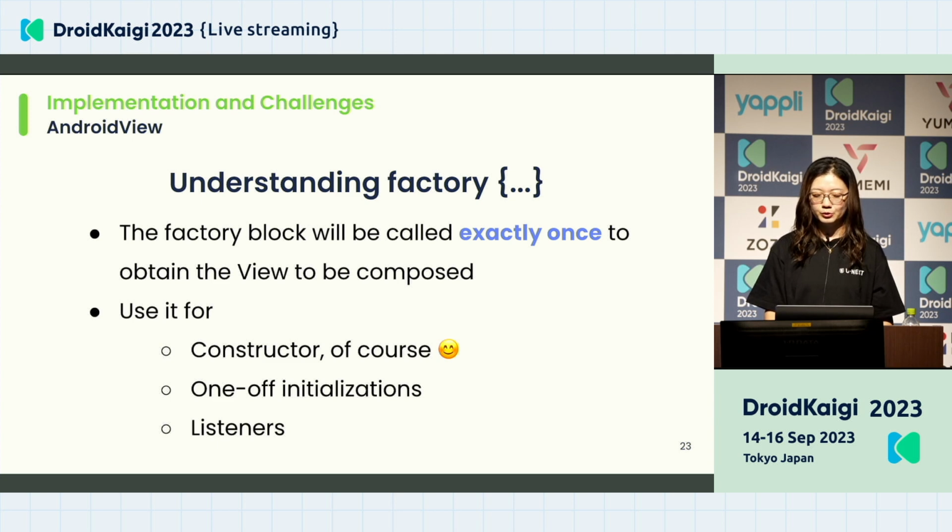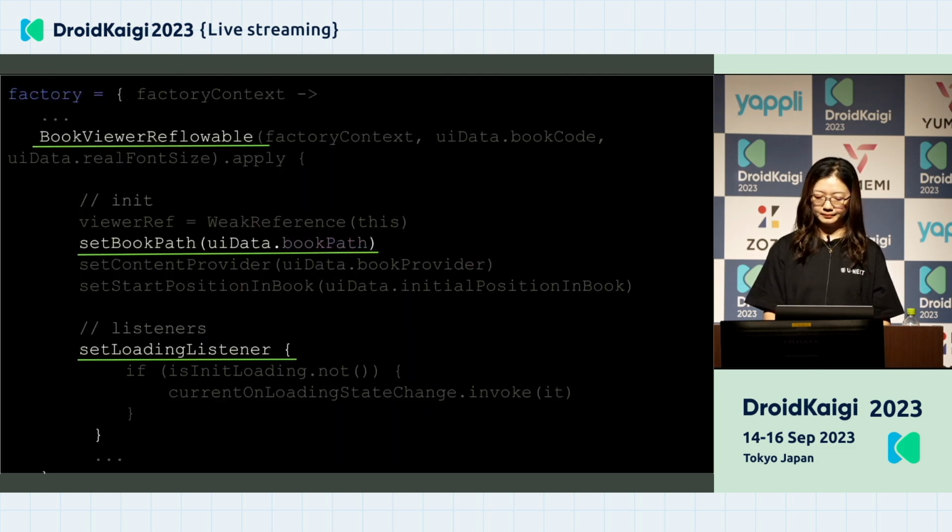Therefore, it's best suited for tasks like constructor calls, one-off initializations, and setting up listeners. We can check the code together. It totally follows the official guide. I just set constructors, initializations, and listeners in it. This block is not that complex.